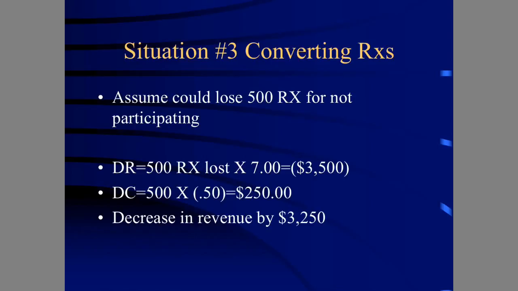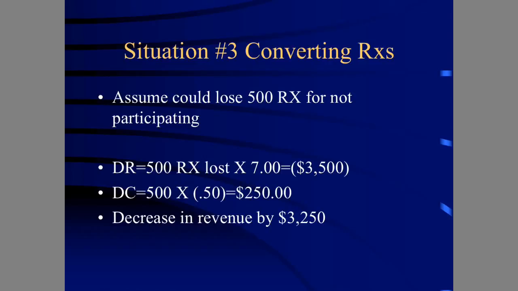And so assume I could lose 500 prescriptions for not participating. If these people leave me for that contract and I don't get them, well, that's going to be 3,500, and then my direct costs is 250.